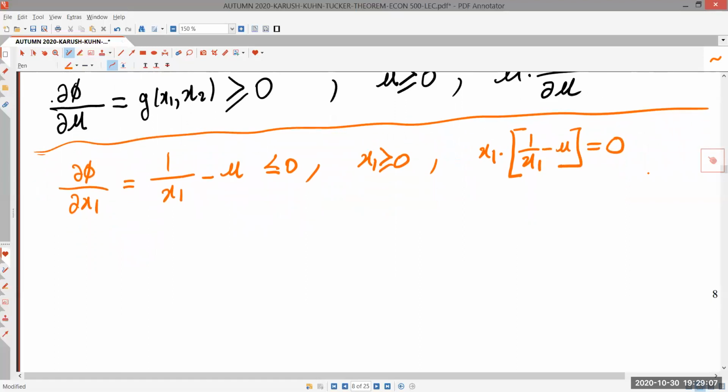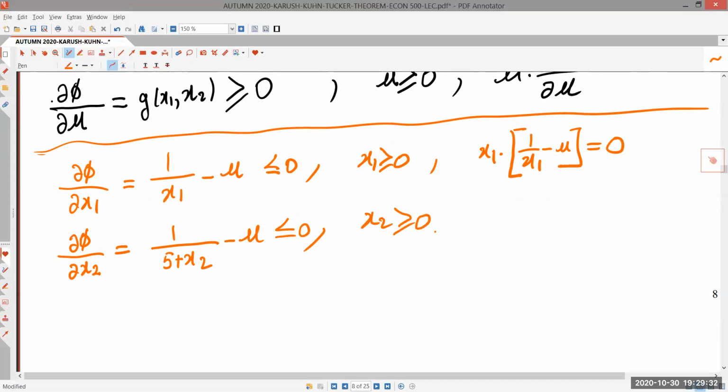The upper part is more formal; this is just applying all that formality to the phi function itself. When we take the derivative with respect to x2, we end up with 5 plus x2 minus mu. This is less than or equal to 0, x2 is greater than or equal to 0, and this multiplication must also produce 0.